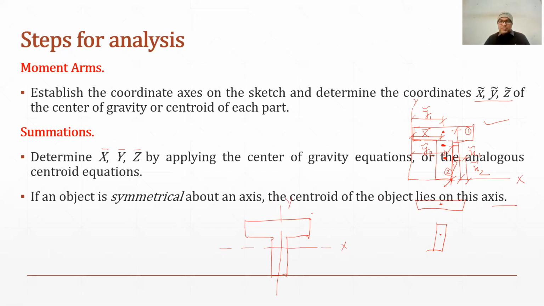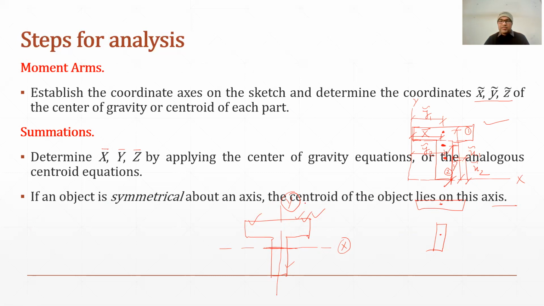This T shape is not symmetrical about the x-axis because if we divide the whole body along the line of the x-axis, then half of this body is not similar to the remaining half. But in case of the y-axis, if we divide the body along the y-axis, then half of this T is similar to the half of the other one.